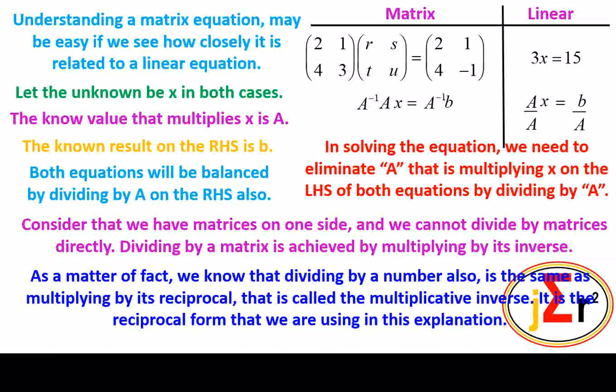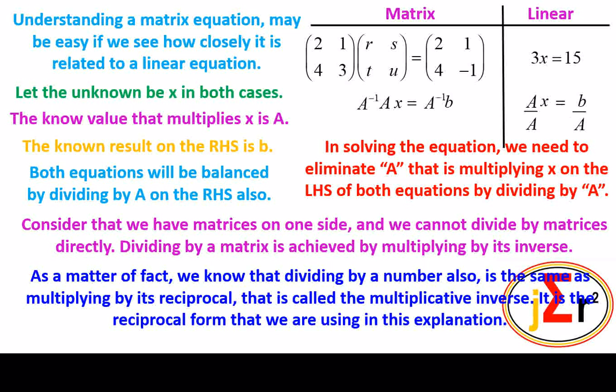As a matter of fact, we know that dividing by a number is also the same as multiplying by its reciprocal. That is called the multiplicative inverse. It is the reciprocal form that we are using in this explanation.